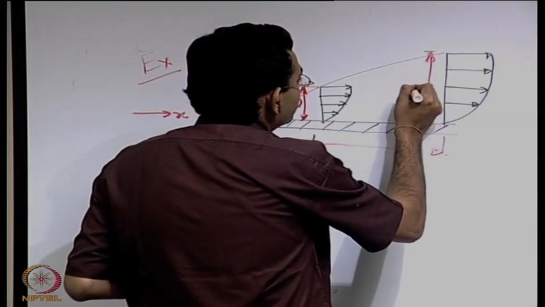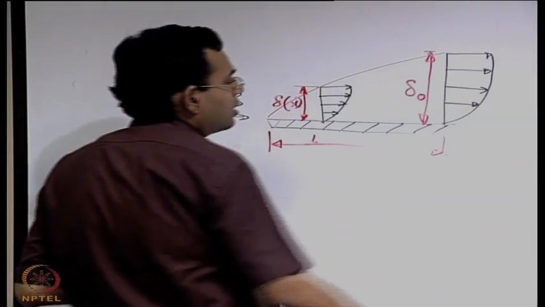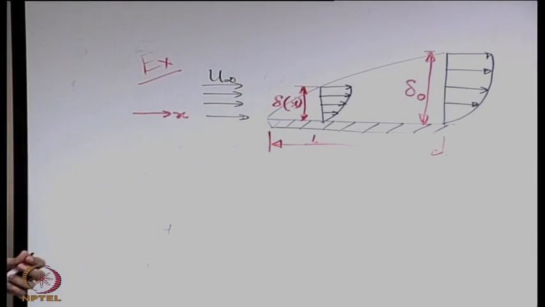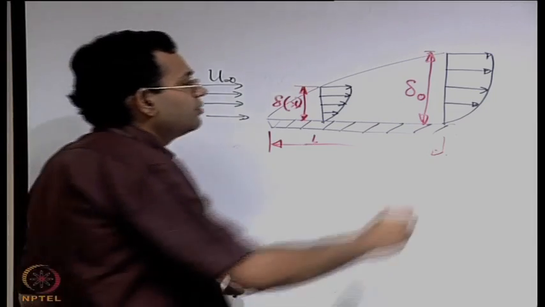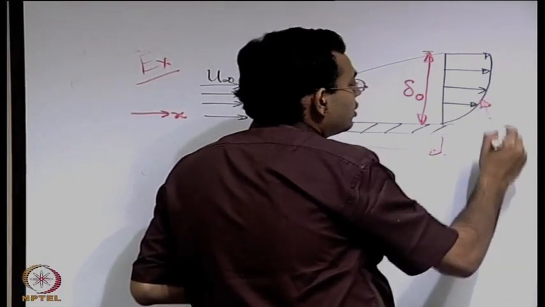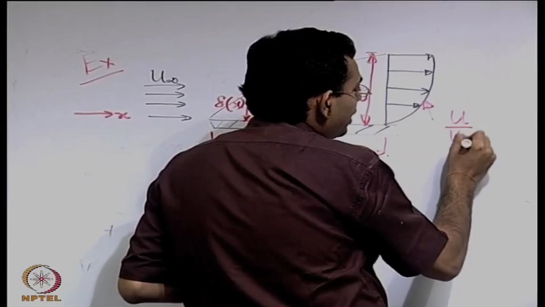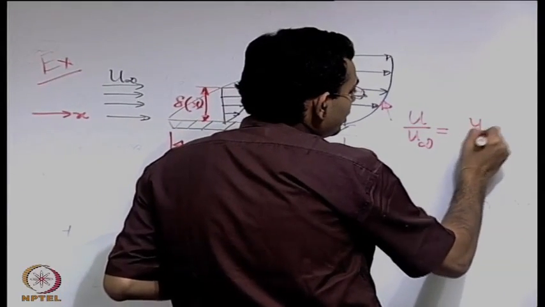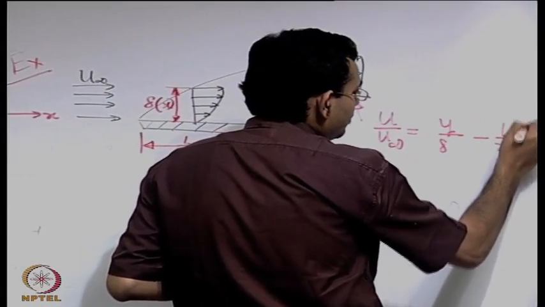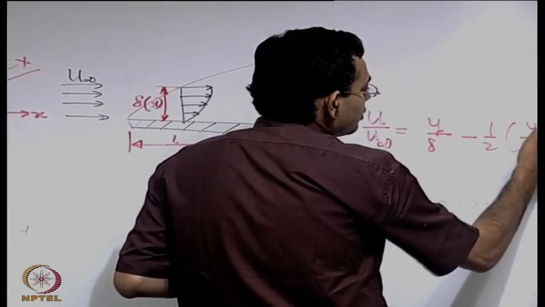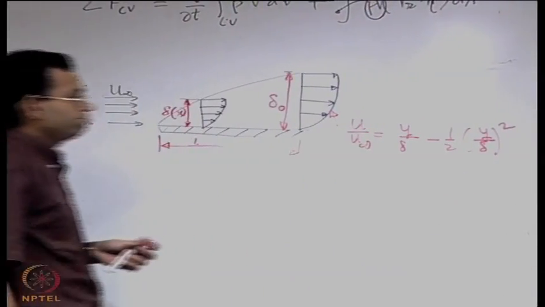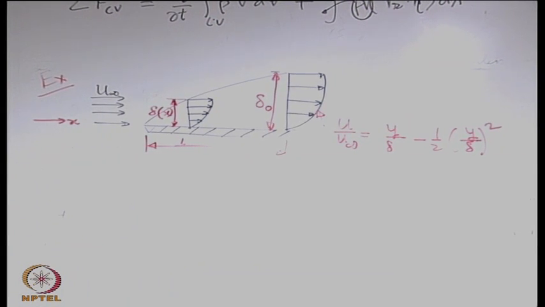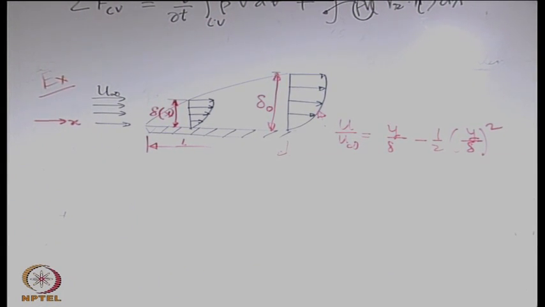Let us say this value of delta is delta 0 and the velocity profile is given, let us say, by u by u infinity is equal to y by delta minus half of this. Let us say this is given.